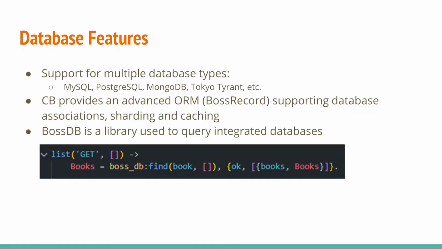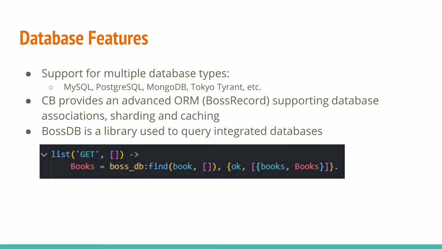Chicago Boss comes with many features that any experienced web developer can appreciate. For dealing with databases, Chicago Boss includes a special querying syntax, a fully integrated object relational mapper, and multiple sets of database adapters.